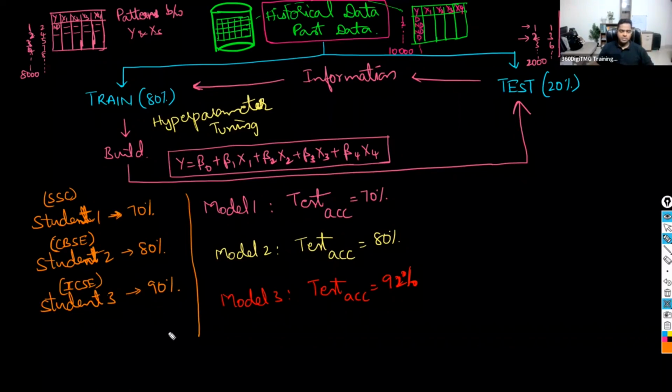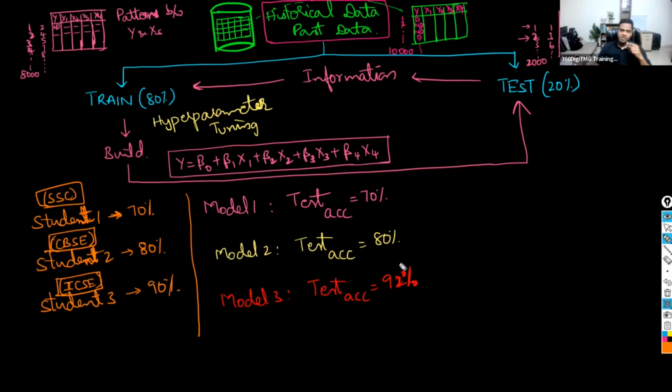If that is the case, we cannot compare the percentages obtained by these students. You cannot compare and say that student 3 has received the highest percentage. You cannot say that. Why? Because the underlying syllabus on which each of these students has prepared for the exam is pretty different.